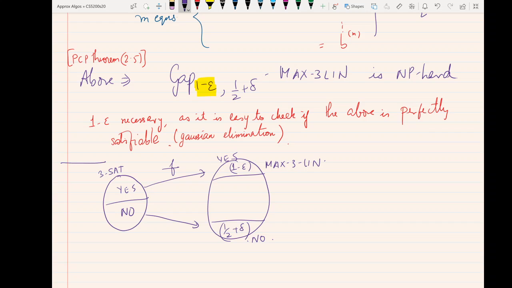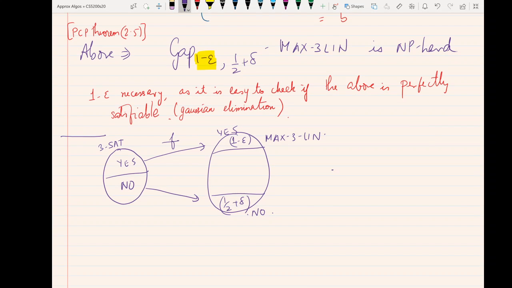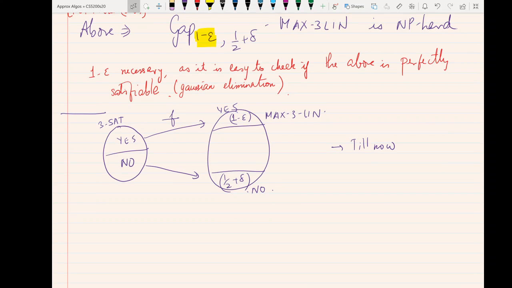Now what I want to show using this is that it is NP hard to approximate Max 3-SAT.